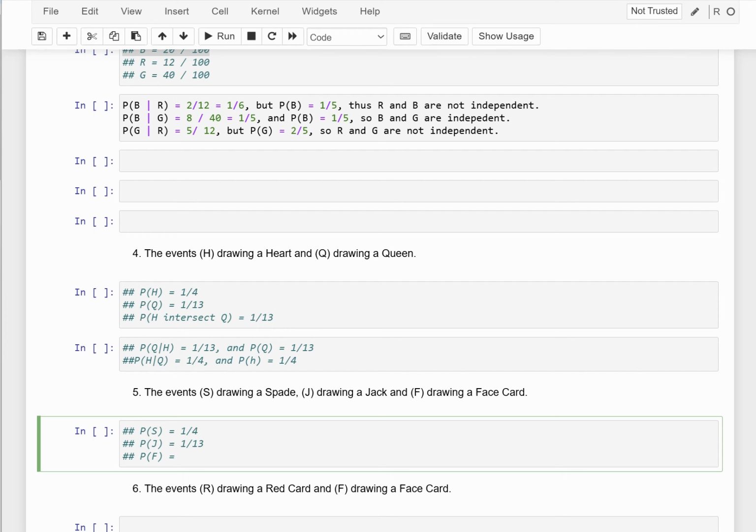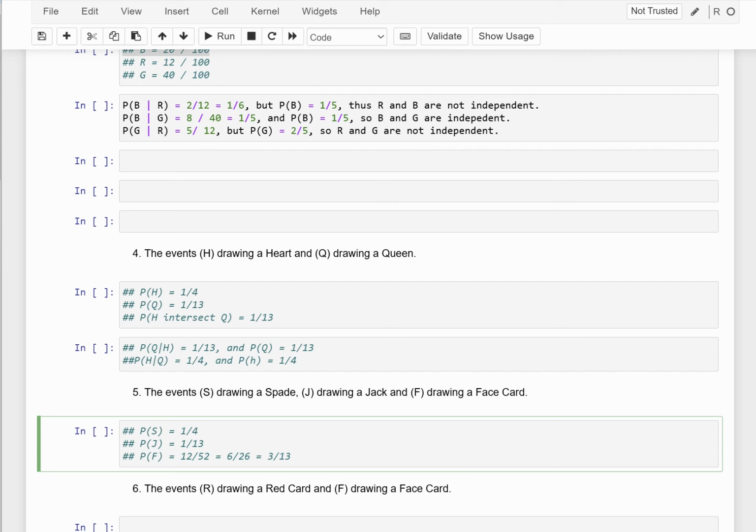There's three of them. The saying amongst card players is aces don't have faces, so the face cards are jack, queen, and king. There are three of them, but there are four suits: hearts, clubs, spades, and diamonds. So there are 4 times 3, which means there are 12 over 52, which reduces to 6 over 26, which reduces to 3/13.